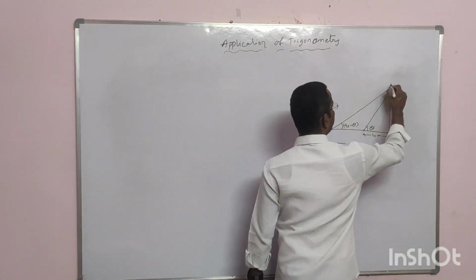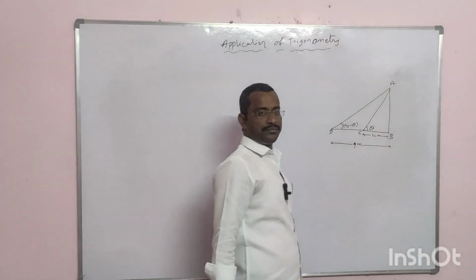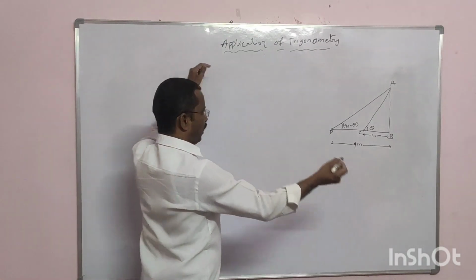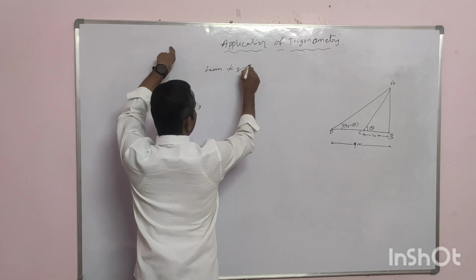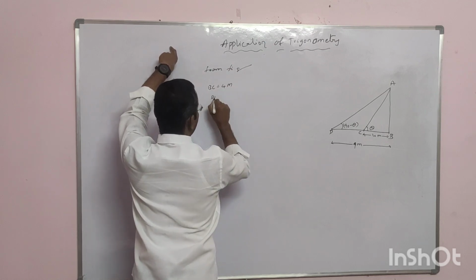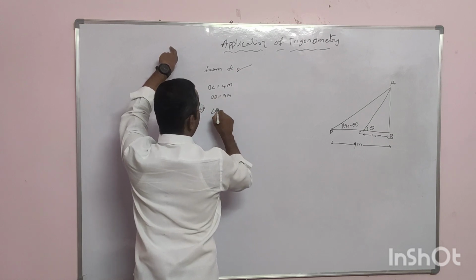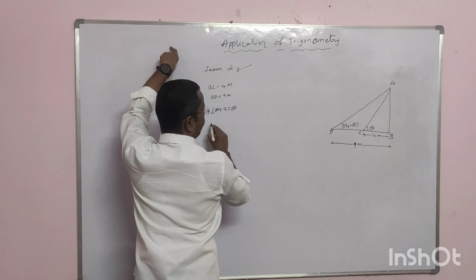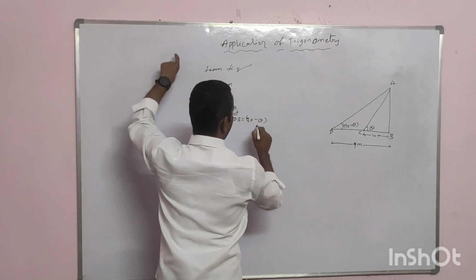So label it A, B, C and D. As usual, write from the figure: BC is equal to 4 meters, BD is equal to 9 meters. Let angle ACB be theta, which implies angle ADB is 90 minus theta.